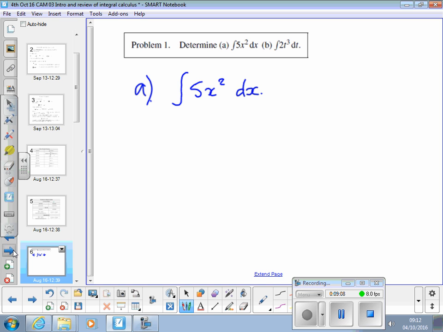If we look at the table of standard integrals, we're looking at the one that has the integral of ax to the power of n, and it says that the integral of ax to the power of n is equal to ax to the n plus 1 over n plus 1, and that's all got to have a constant of integration on the end of it. That's the entry in the table.